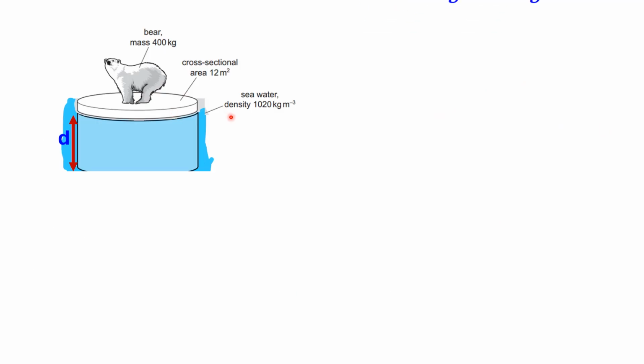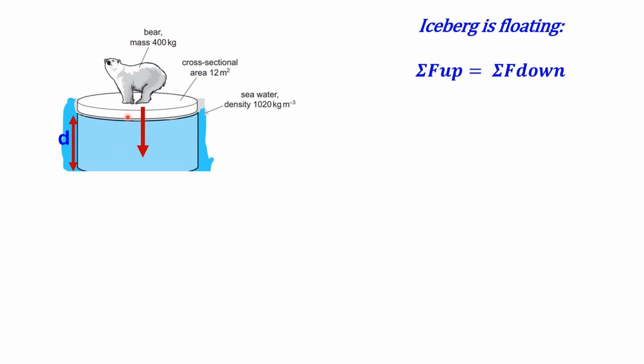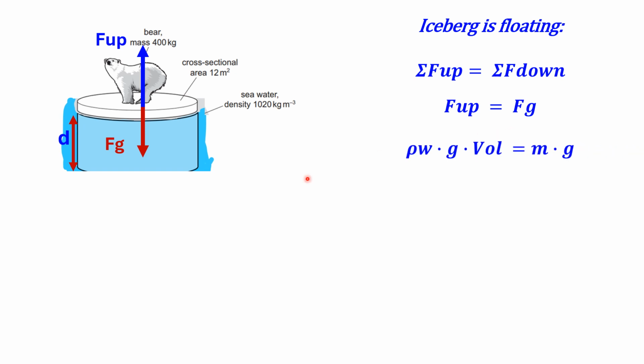The iceberg is floating, which means the forces acting up are equal to the forces acting down. So we have as force down the weight of the bear, and as force up we have the upthrust force. So F up is equal to Fg.